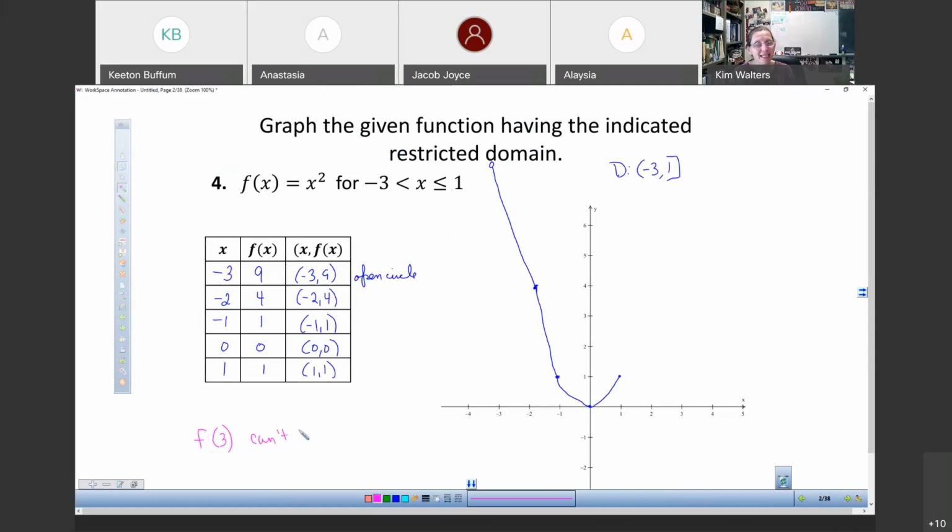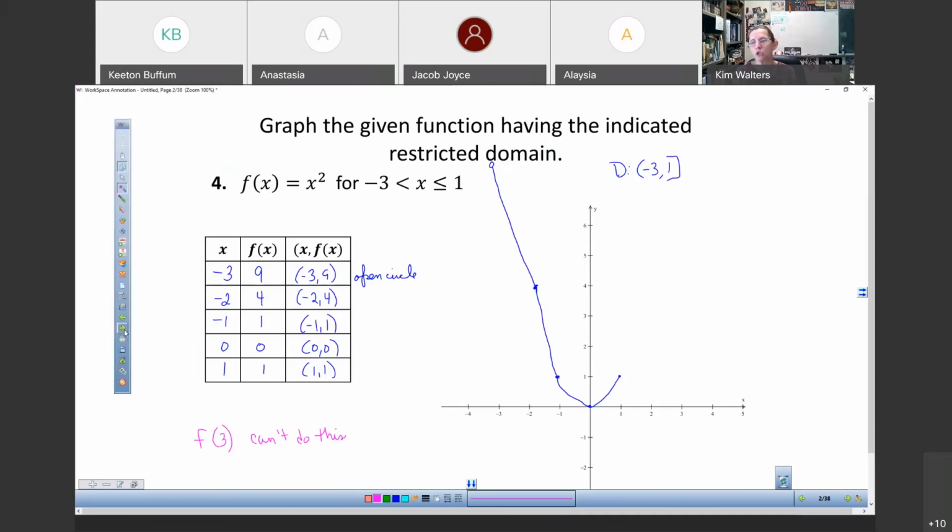I can't do this because 3 is not between -3 and +1, and that's all this function is good for. If I look at this graph, x is equal to 3 is way over here, and so there's no point on my graph for this particular function, and it's just based on the way I've defined that function, okay? So that's just another example of what this restricted domain does.